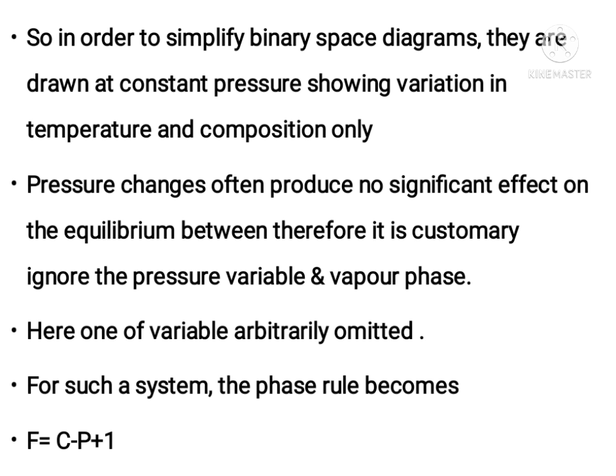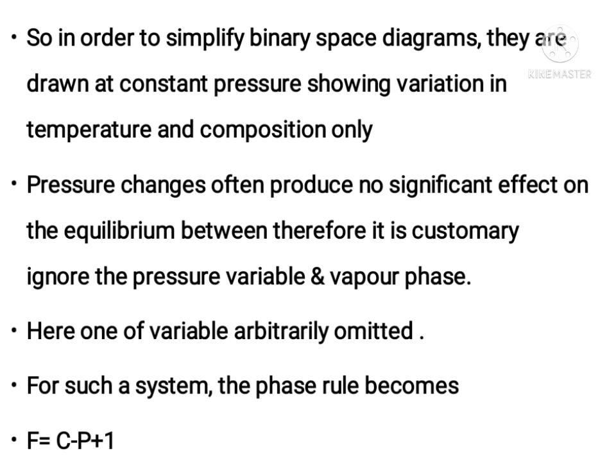For such a system, the phase rule becomes capital F is equal to C minus P plus 1. For applications in material science dealing with phase diagrams between different solid structure, pressure is often imagined to be constant at 1 atmosphere and is ignored as a degree of freedom.